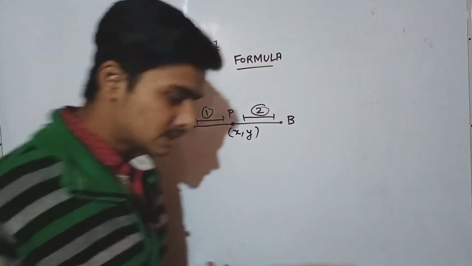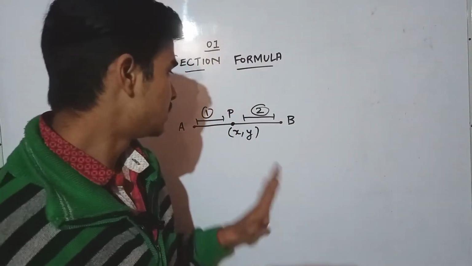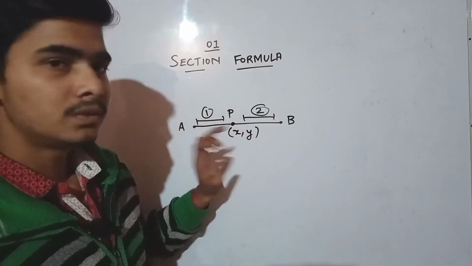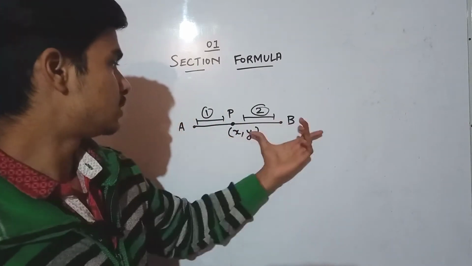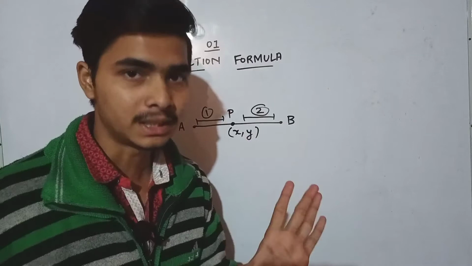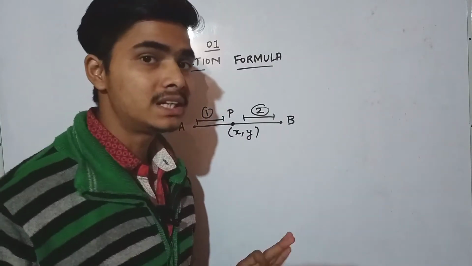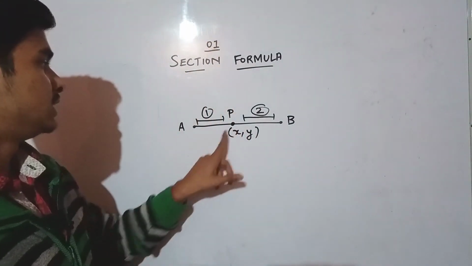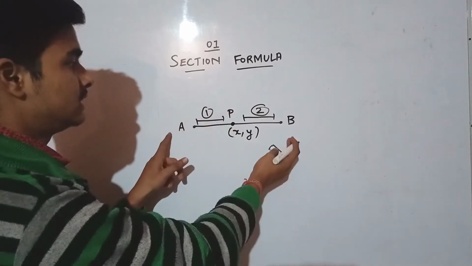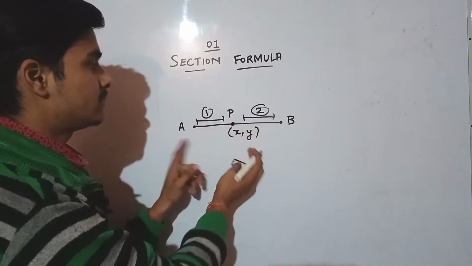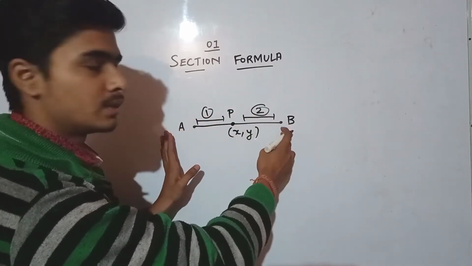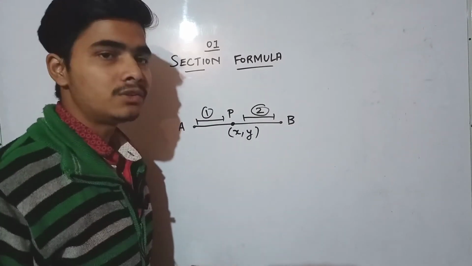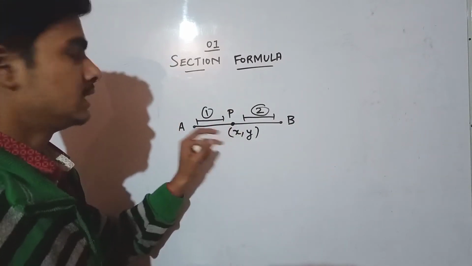So mainly in this chapter we need to find the coordinate of this point which divided this whole line internally. Internally means this point comes inside this whole line. So we need to find the coordinate of this point internally.